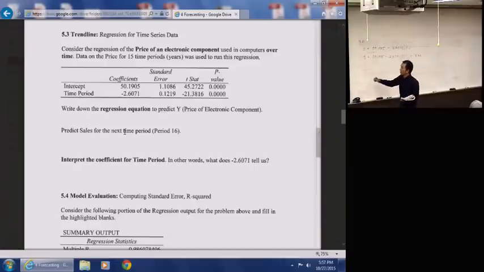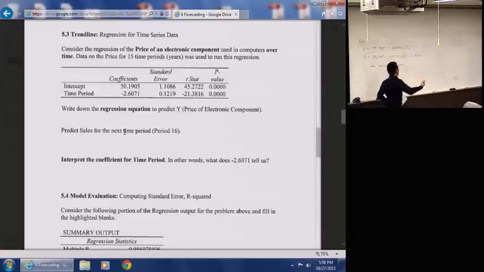Okay, how would you interpret minus 2.6071? Other variables being constant, that's good. With an increase in time period, and it specifically said that one time period is 1 year, right?